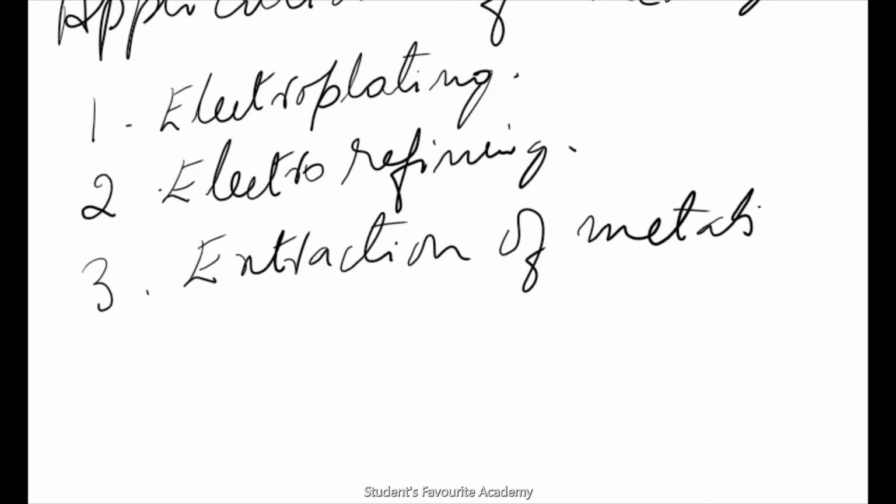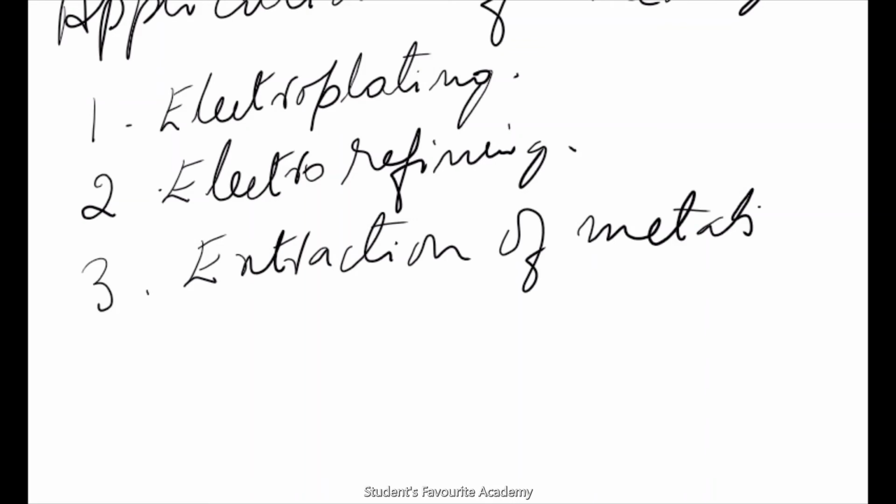Now, electroplating. What is this electroplating? The inferior metals are often coated with superior metals. For example, iron is an inferior metal because iron articles get rusted. Even iron poles get rusted. So, they are usually electroplated with a superior metal like nickel.